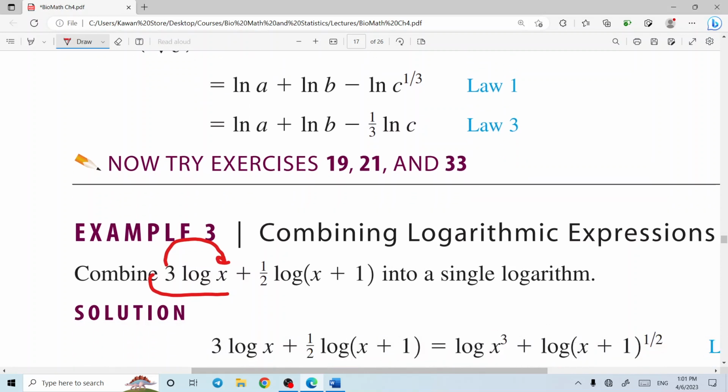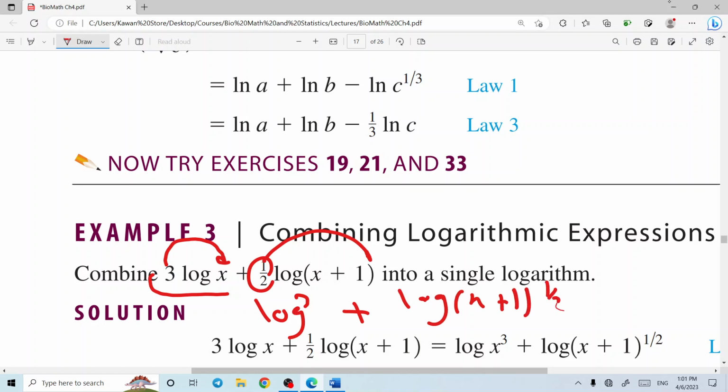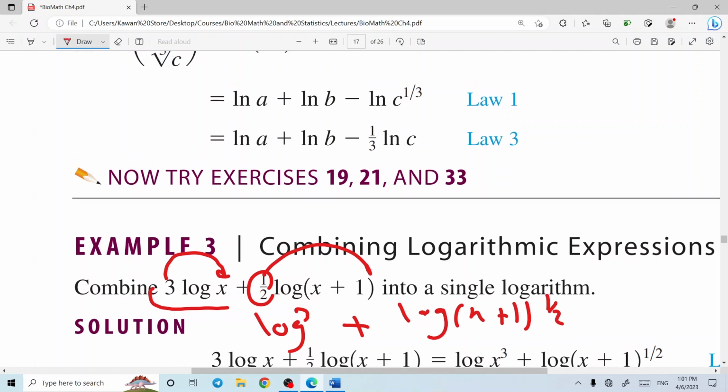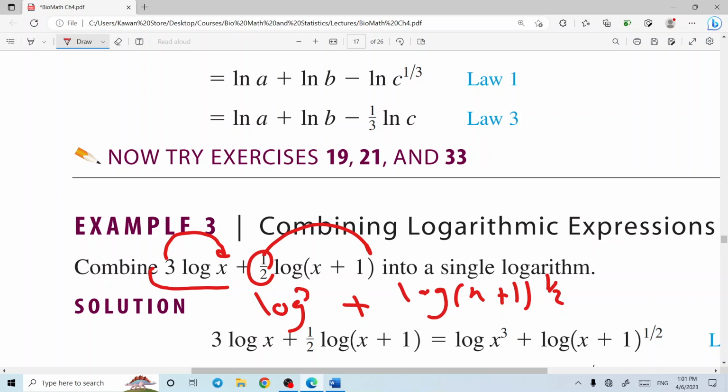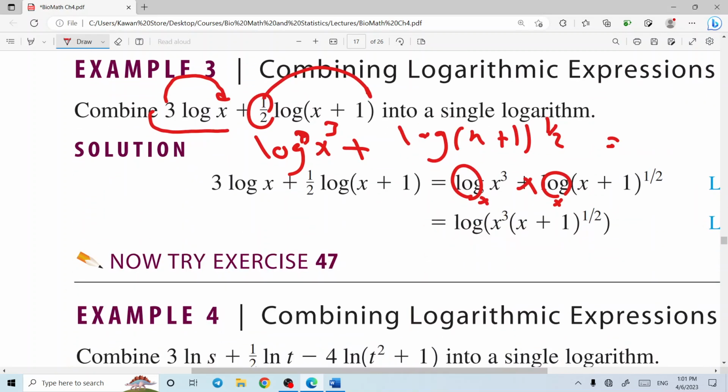I'll get what? Plus. Do you have any problem? So tell me about the next. Next of this step, what else? We have log. We have log. We have addition. They are the same base. So we make it a multiplication. Right?